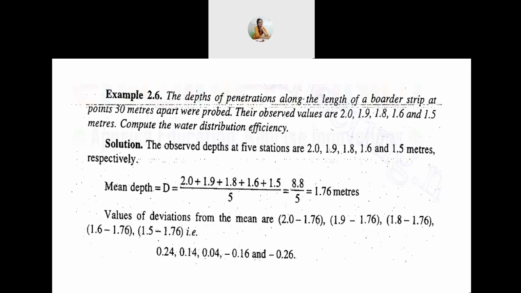Now the values of the deviations from the mean that we found are: 2.0, which is the observed depth, minus the mean depth, which is 1.76. Similarly, observed depth 1.9 minus mean depth 1.76, and so on, giving minus 0.16 and minus 0.26.